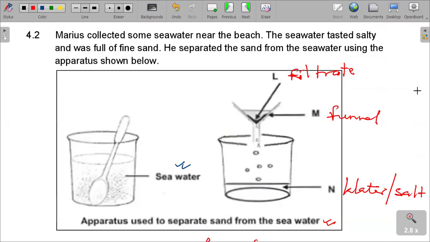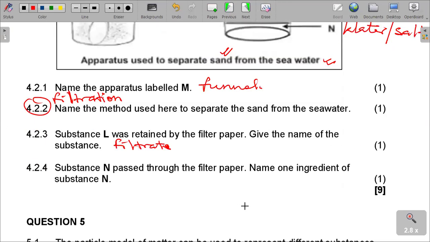Because even from the statement there, they said that the seawater tasted salty. So we have got the seawater which tasted salty, and we are separating it from sand. So what we are saying is that it can be water or salt.